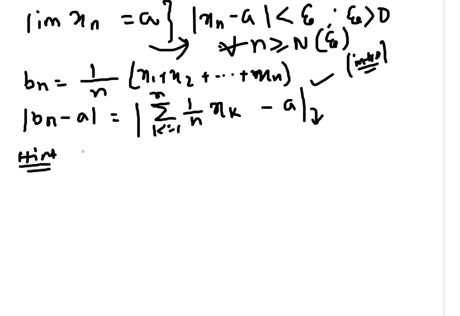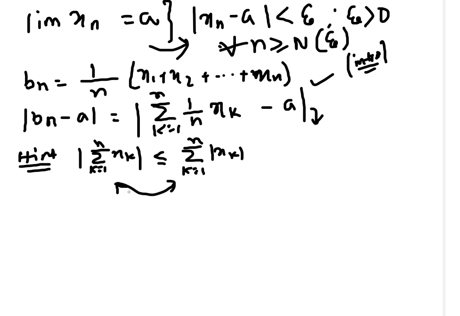So somehow you need to use that the modulus of the summation k equals 1 to n of xk should be less than or equal to the summation k equals 1 to n of the modulus of xk. This thing needs to be used, and you need to figure out how to use it, and you need to do something about this a. You need to put it inside, but how do you do it?